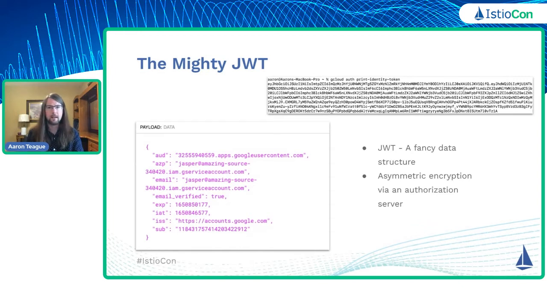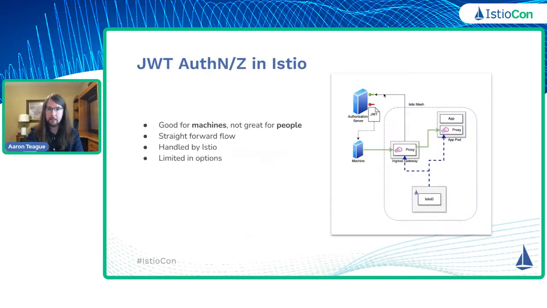So with this, pulling to this other example here, you'll have an authorization server. It will create a JWT, and then it will give it to a machine, and it's signed off on it by encrypting that signature.